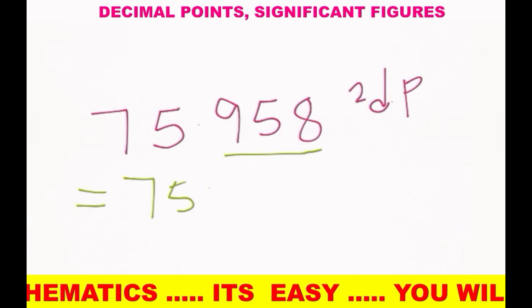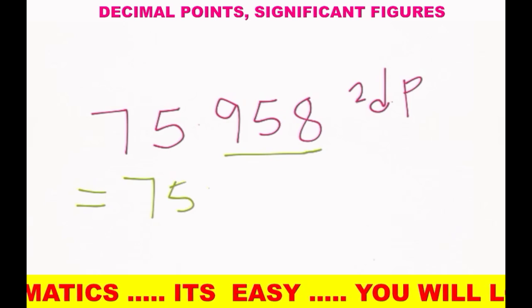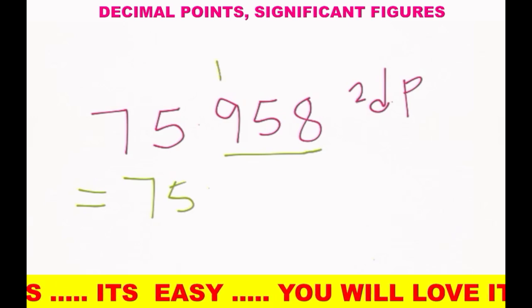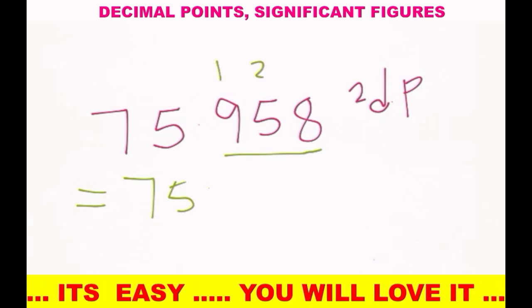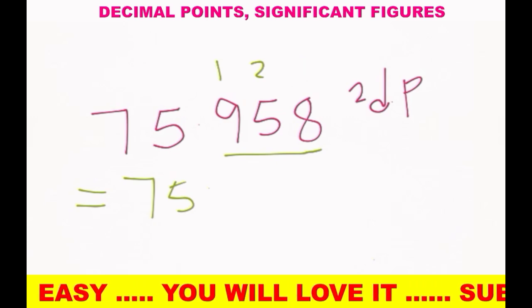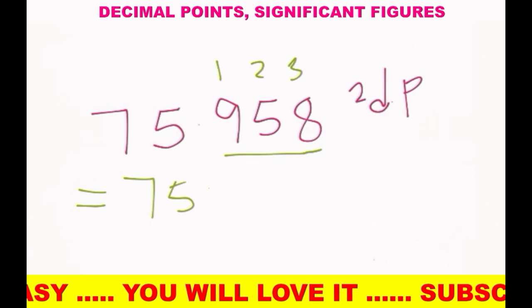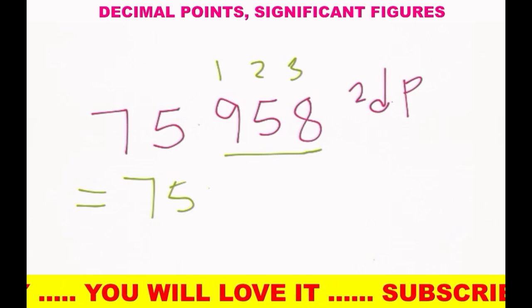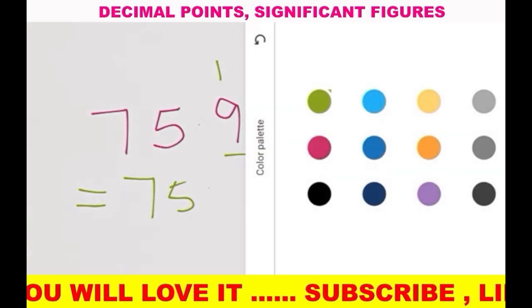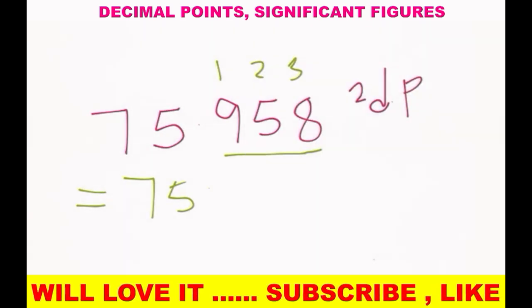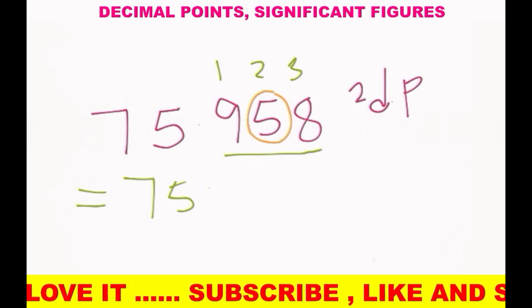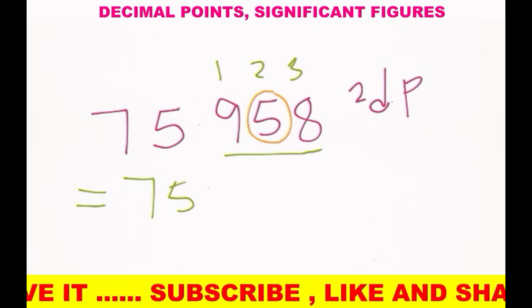We are converting to 2dp. Which number is in the first decimal position? This one is in the first, this one is in the second, and this one is in the third. So let's write our 9, because our focus will now be on the 5, which is the number in the second decimal position.